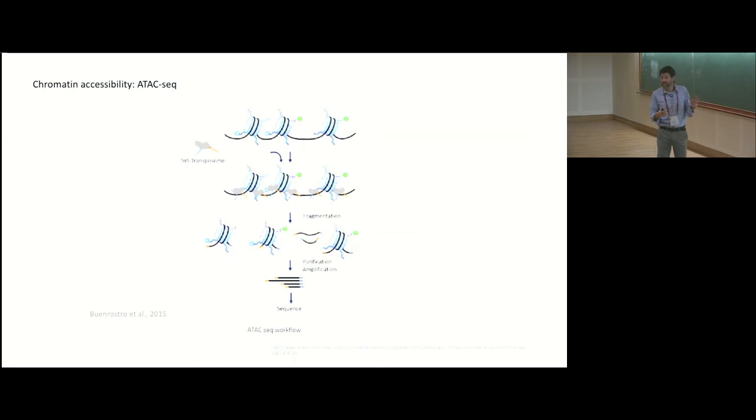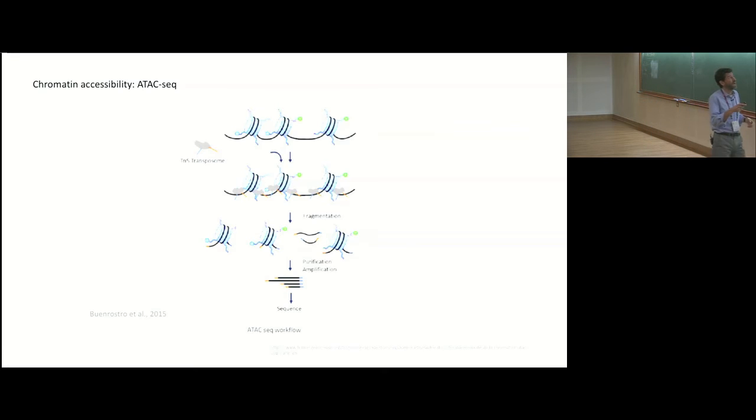Being naked, the DNA becomes more accessible to some other molecules. In this particular case, what Buenrostro and collaborators did was to use one enzyme that is able to detect the places where the DNA is more naked and makes breaks there.